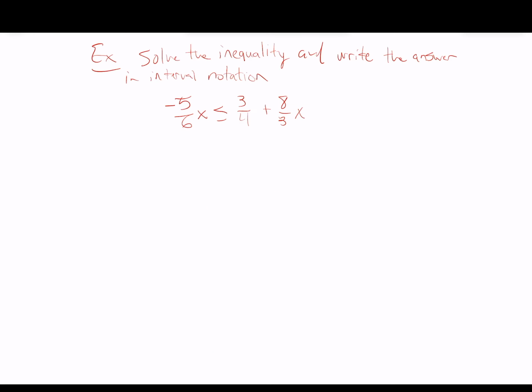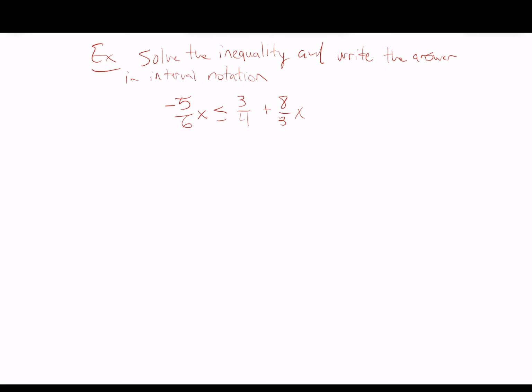In this case, we have negative 5/6 x less than or equal to 3/4 plus 8/3 x. We want to solve this inequality and write the answer in interval notation also. So what can we do here? We have fractions on both sides of the inequality.